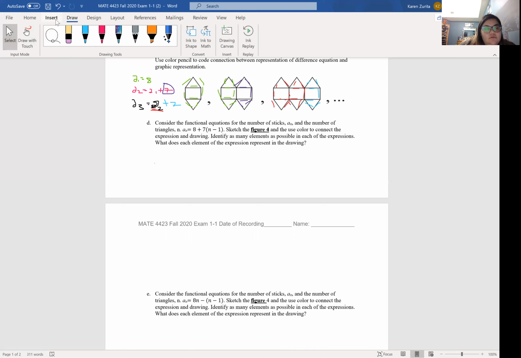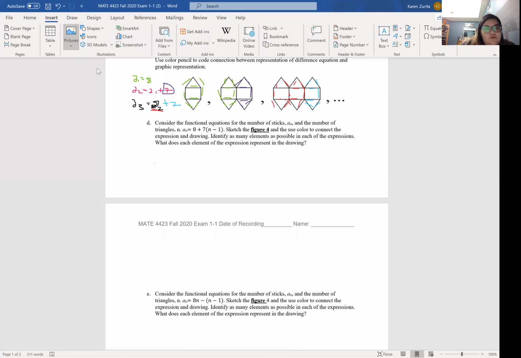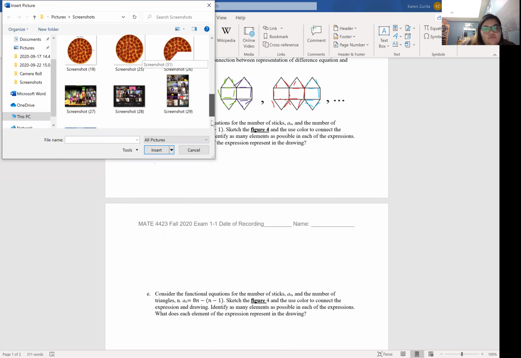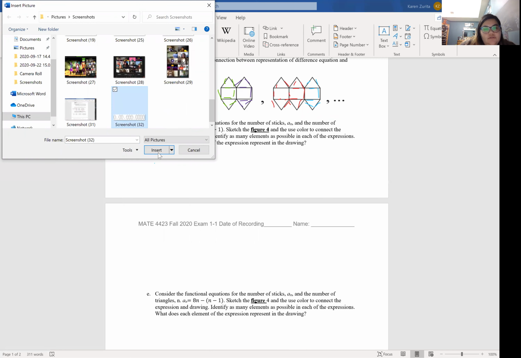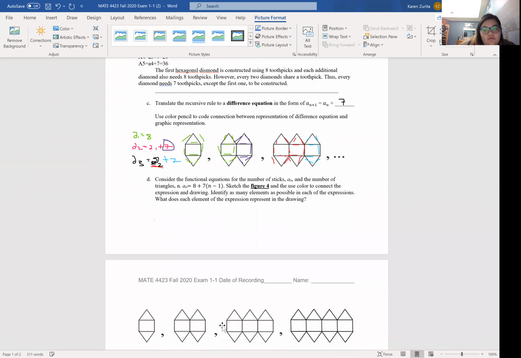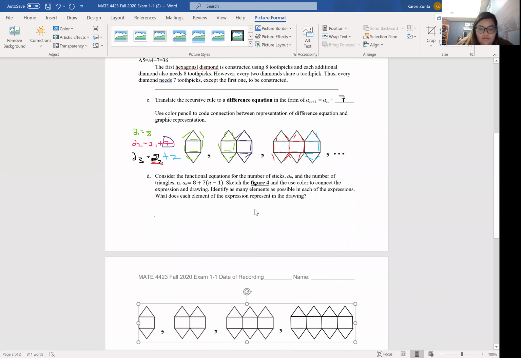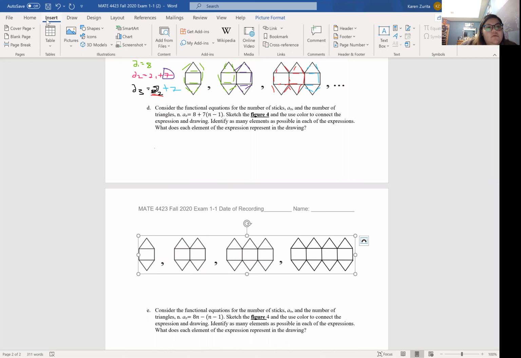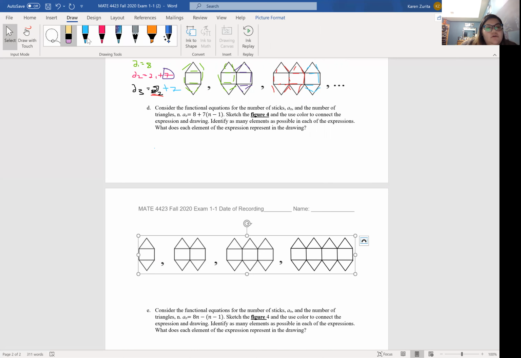Draw, select, insert picture, this device. We need to draw or sketch what figure 4 would look like, which is here, I already did it. And we can do it for these. Draw.